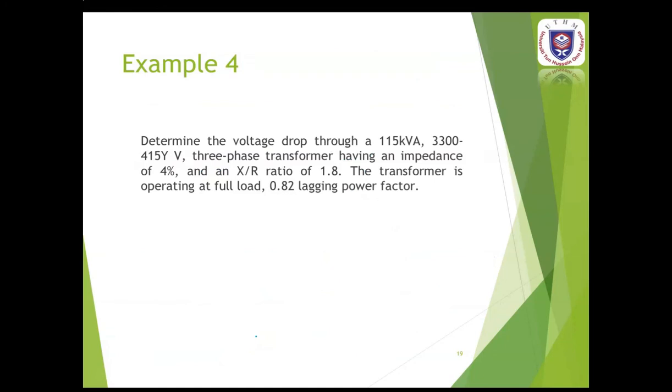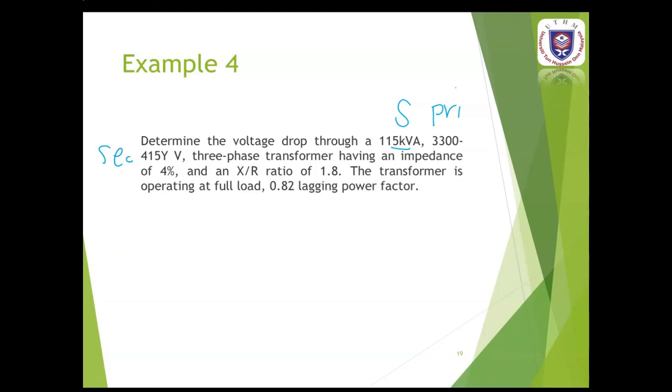Okay, we look at example 4. Determine the voltage drop through a 115 kVA, this is the apparent power, with 3300 volts on the primary side of the transformer and 415 volts star connection on the secondary side.